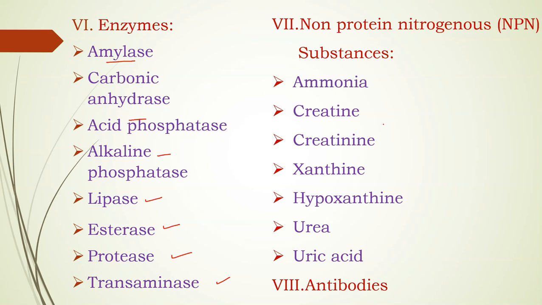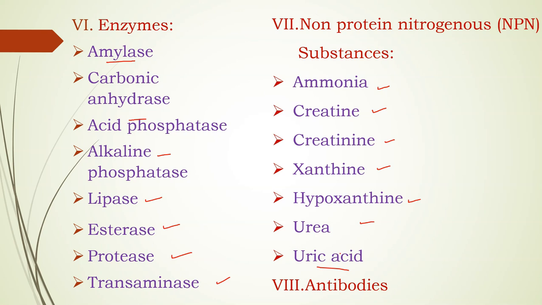Non-protein nitrogenous substances like ammonia, creatinine, xanthine, hypoxanthine, urea, and uric acid are present in the plasma. That means they are not part of proteins, but they are nitrogenous substances.